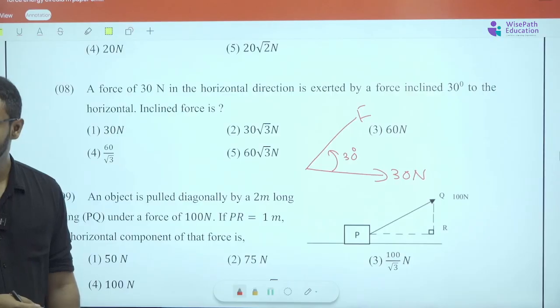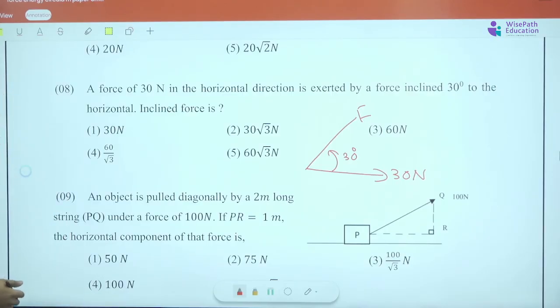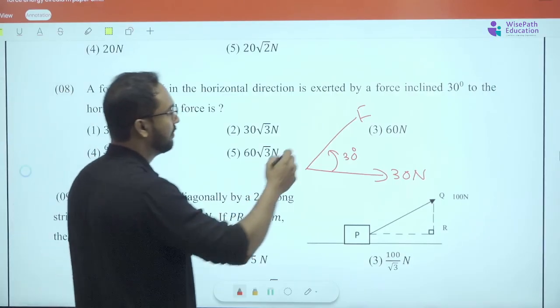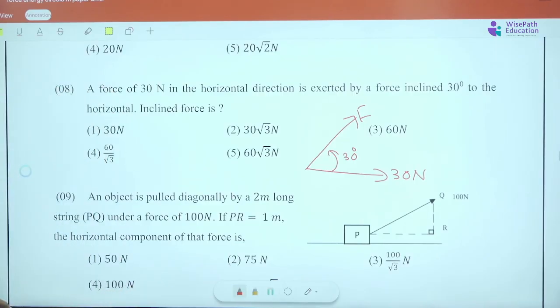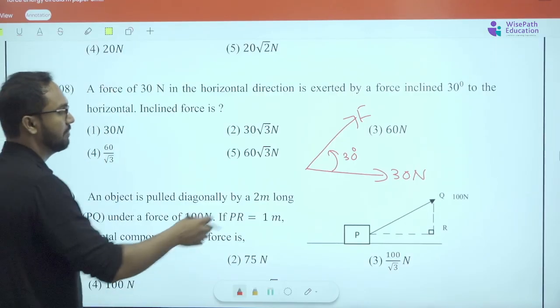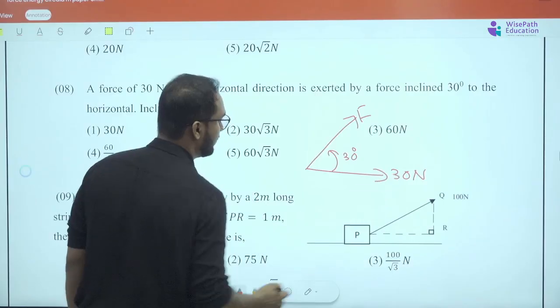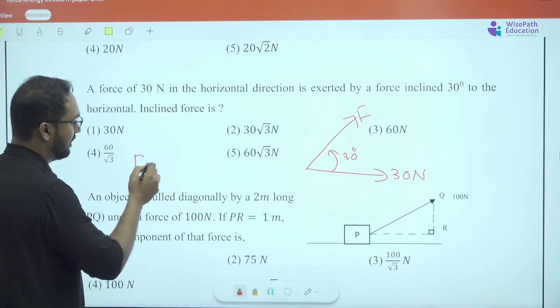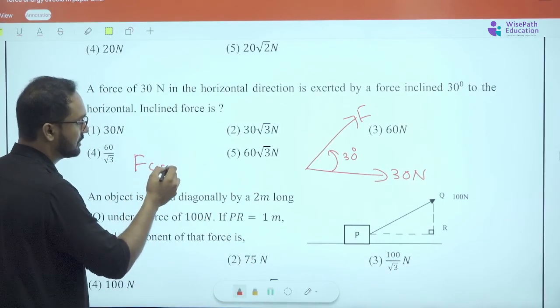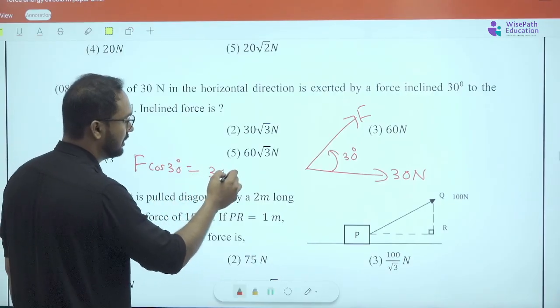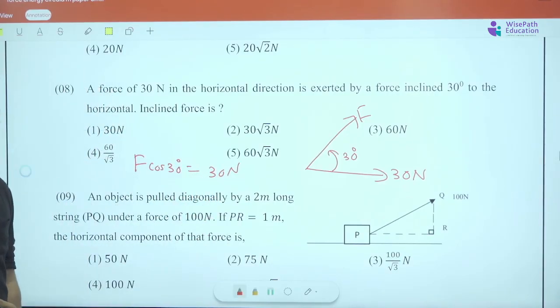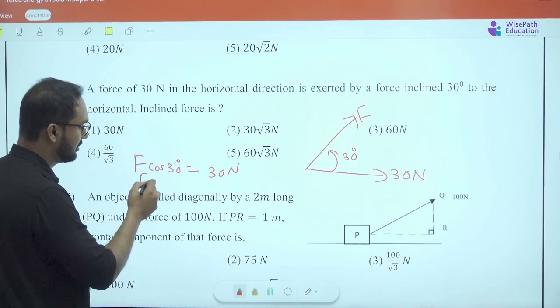Yes. So they are asking for the inclined force. Its component in the horizontal direction is F cos 30, which should equal 30 newtons. So cos 30 is how much?